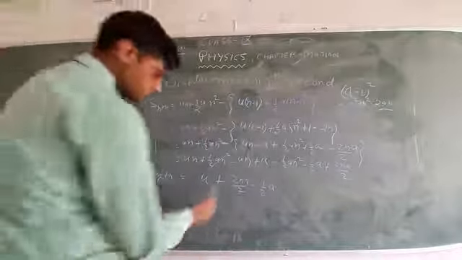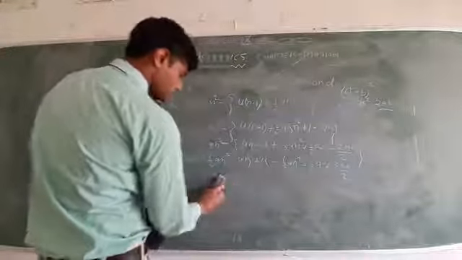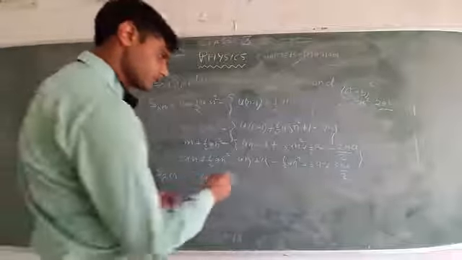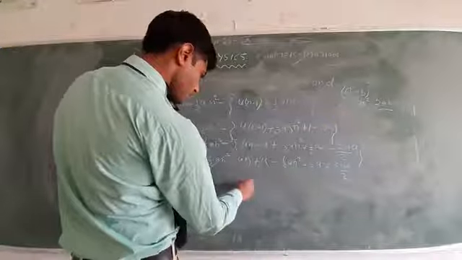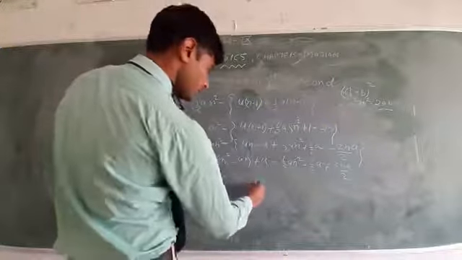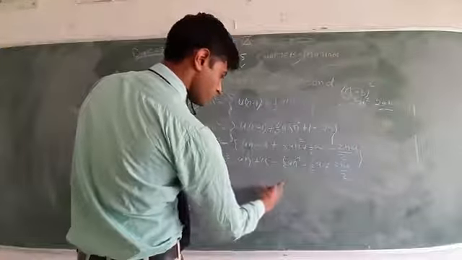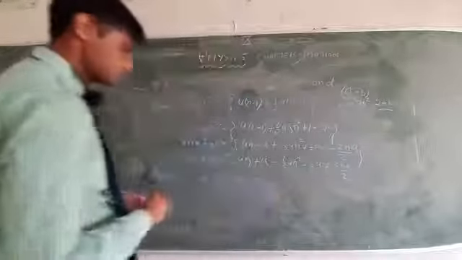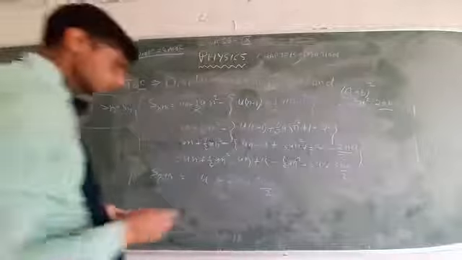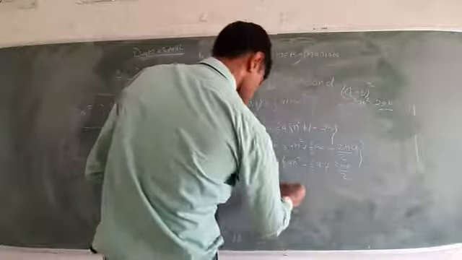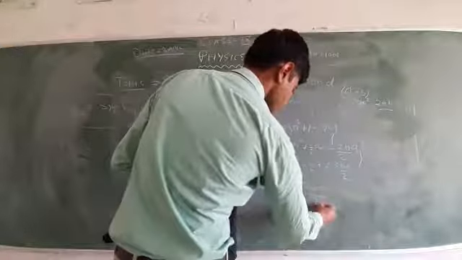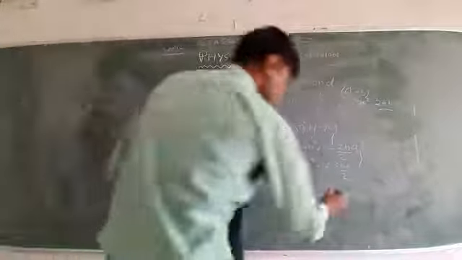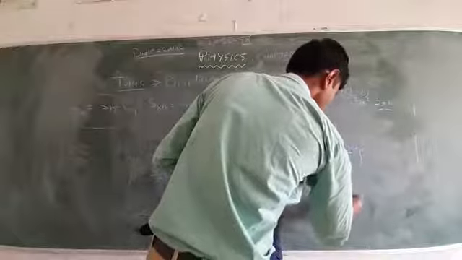Or you can write it like this, minus 1 upon 2a plus 2na upon 2. So it means u plus 2na upon 2 minus 1 upon 2a.